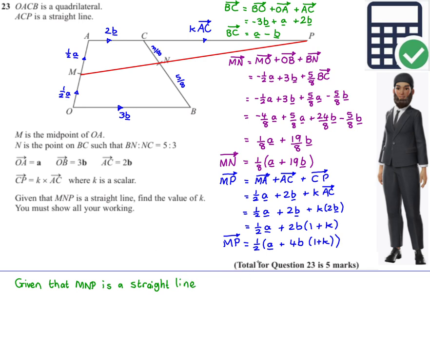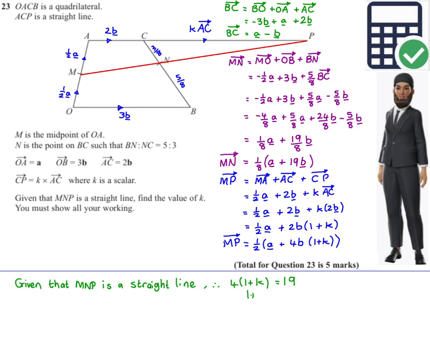What we're going to do is equate these two together. So this is in terms of b, so therefore we should get 4 lots of 1 plus k is equal to this coefficient of the b over there, which is going to work out to be 19.